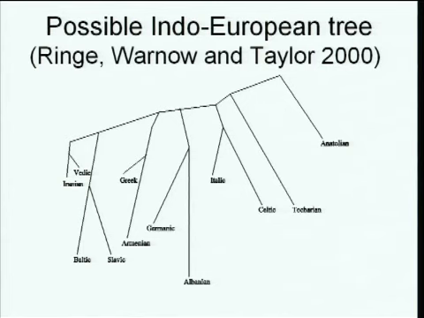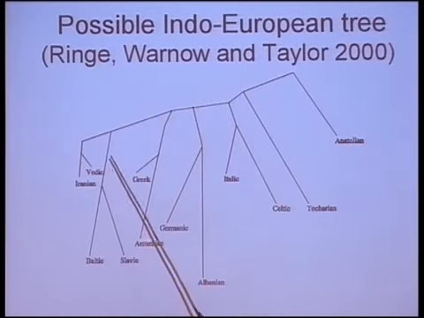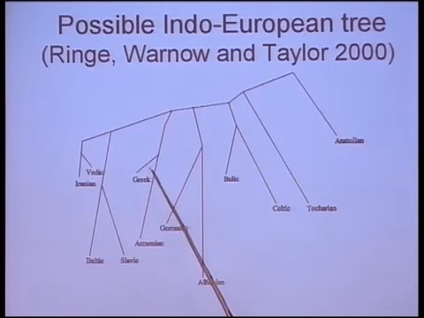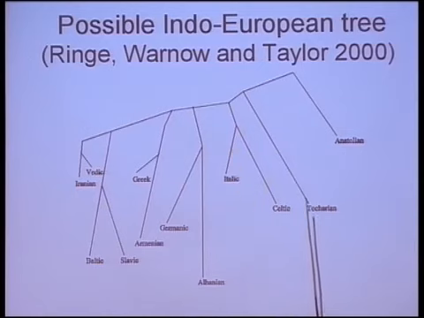So the components of this phylogeny that are well established are each of the subgroups and Balto-Slavic and Indo-Iranian, but not Greek and Armenian as sisters, not the location of Germanic anywhere, not the location of Albanian anywhere, not Italic and Celtic as sisters.